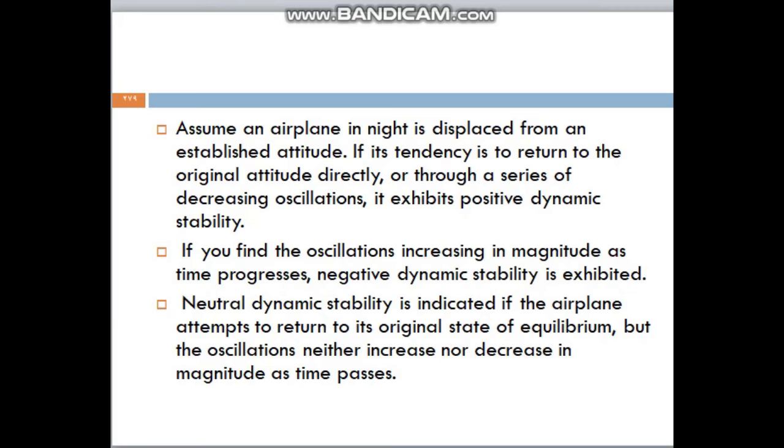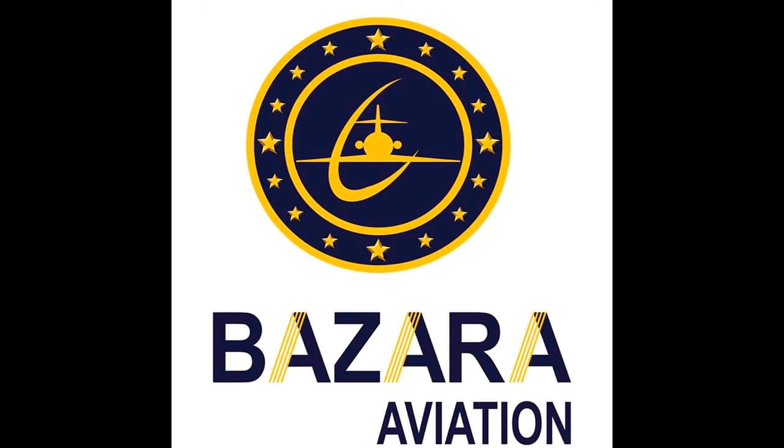Neutral dynamic stability is indicated if the airplane attempts to return to its original state of equilibrium, but the oscillations neither increase nor decrease in magnitude as time passes.